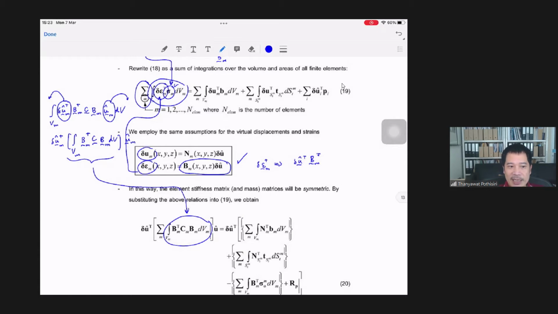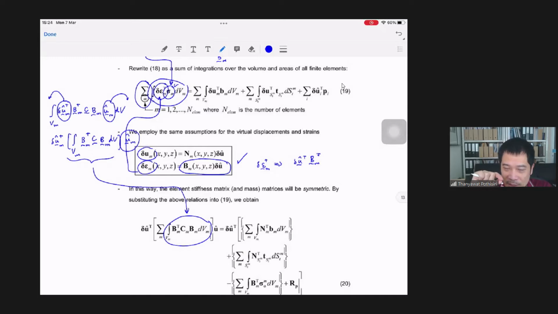Okay. But in computing the total internal virtual work for your structure, there's a way that you can also match the nodal displacement of each element with the nodal displacement of the structure as well. Because remember that each element is part of the structure, right?